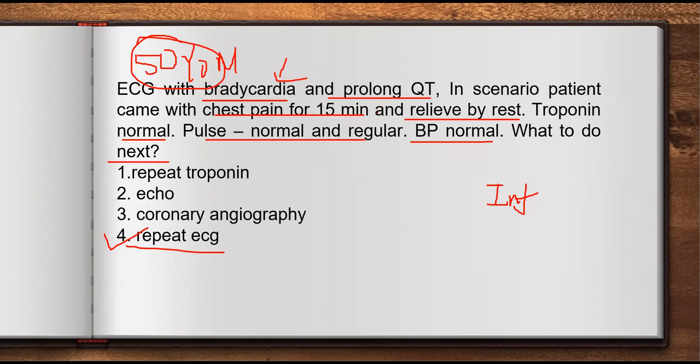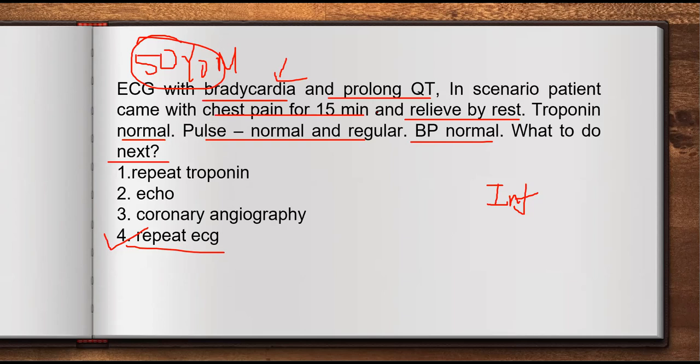Remember, in Australia, chest pain is a category 2. Category 2 means that you need to treat any chest pain, even if it sounds like a case of gastroesophageal reflux disease, and that patient should be seen within 2 minutes of presentation to the hospital. So category 2 is a very, very high priority.